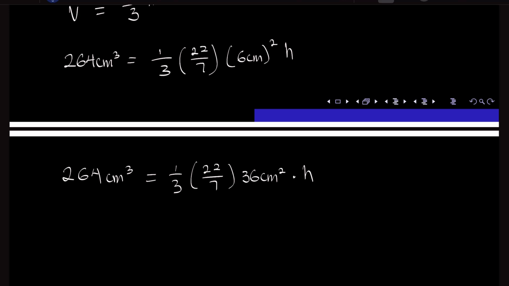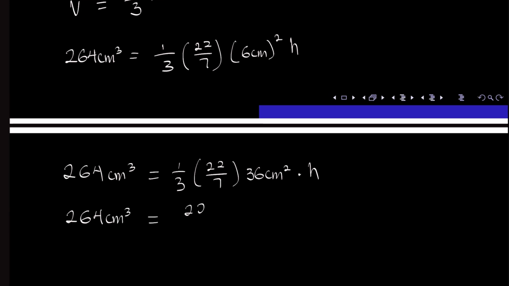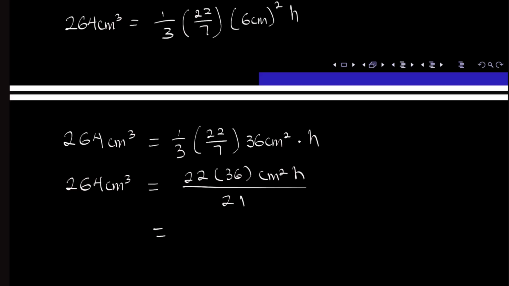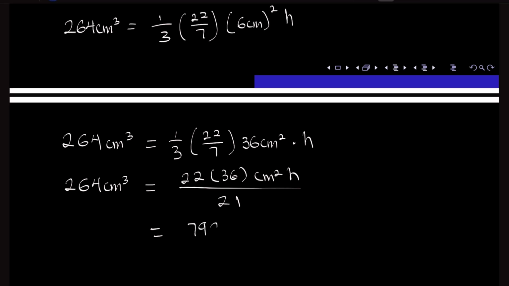So we are going to have 264 centimeters cubed is equal to 22 multiplying 36 centimeters squared times height, divided by 3 times 7, which is now 21. 22 times 36 is going to give us 792. So 792 centimeters squared h divided by 21, which is equal to 264 centimeters cubed.